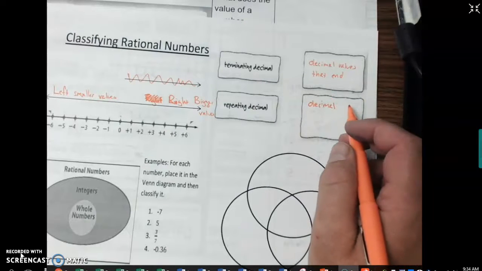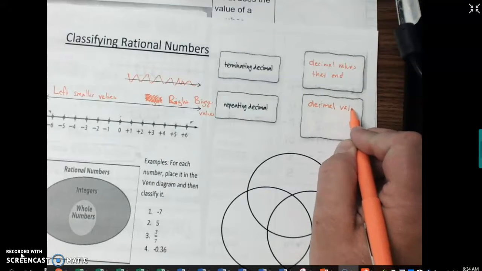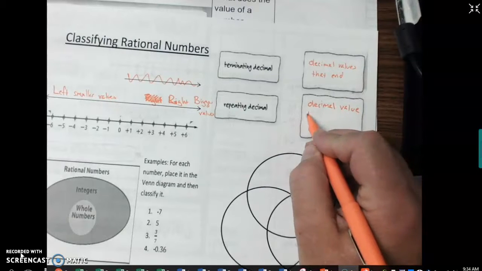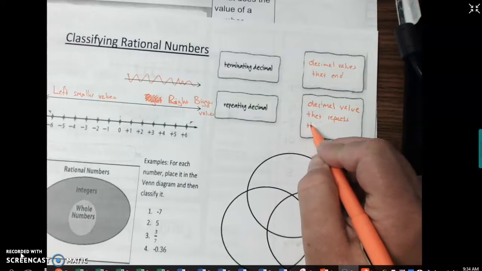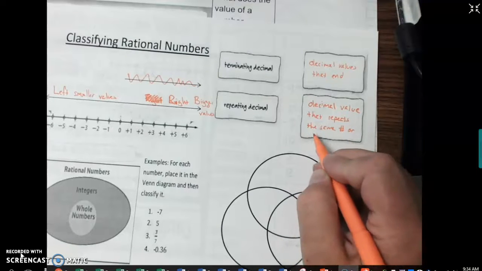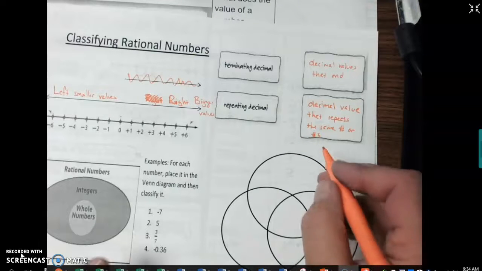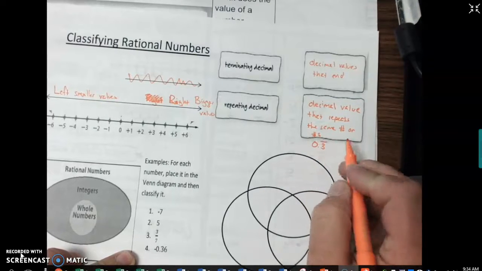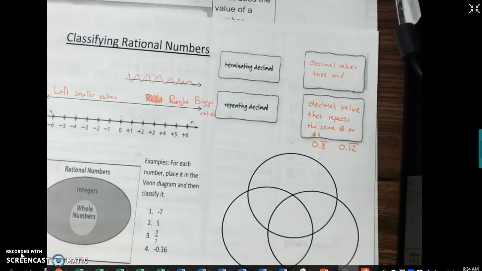But it specifically repeats the same number or numbers. Decimal value that repeats the same number or numbers. So you could have 0.3 repeating or 0.12 repeating, and that just looks like 0.121212121212 for as long as it will go. Does that make sense?